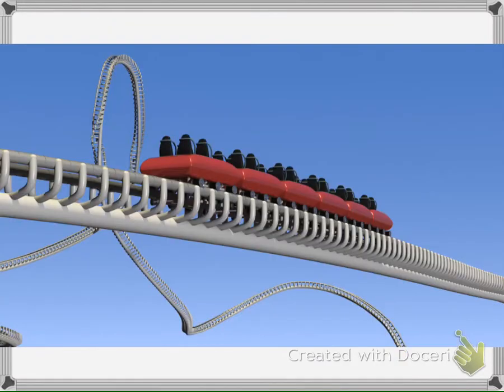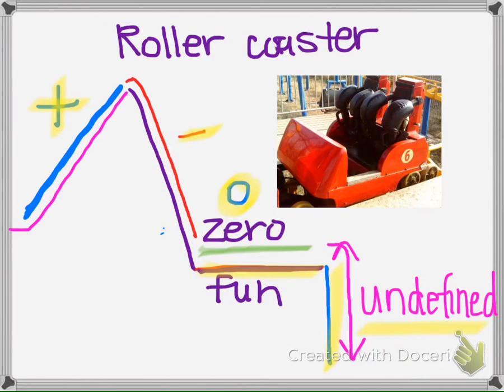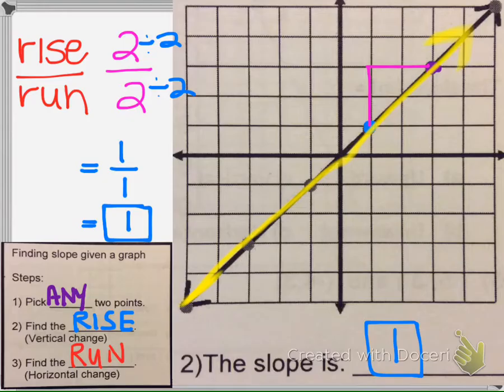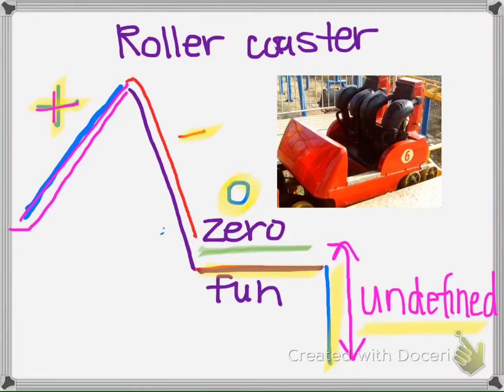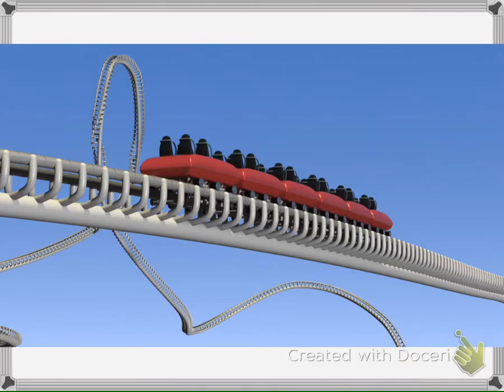Okay, so if we again think back to this roller coaster here, when you look at the slope, you should immediately know if it's going upwards, it's positive. Just like this one was going upwards, so it's positive. And then if it's going down, it's negative. And if it has a slope of 0, like this ride right here, this is 0 fun.